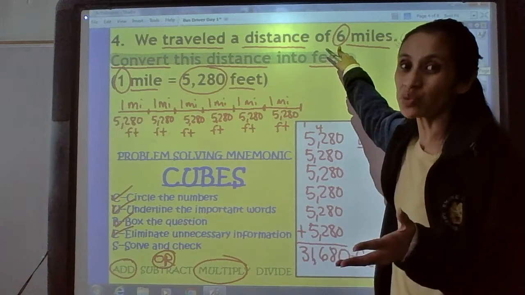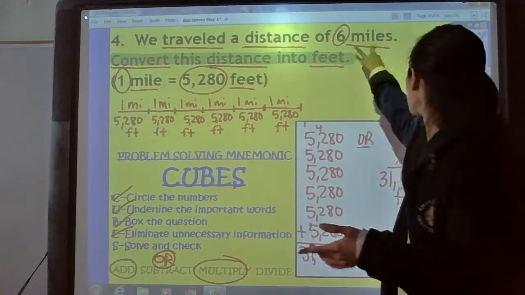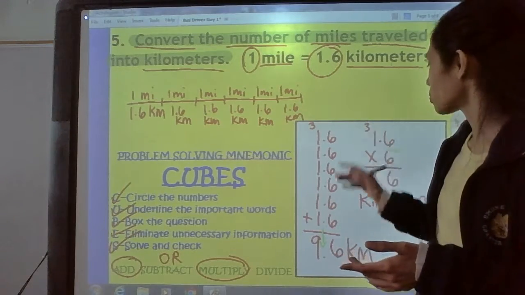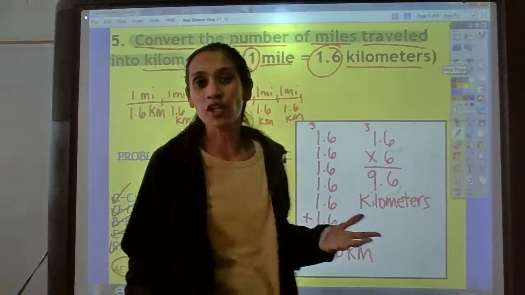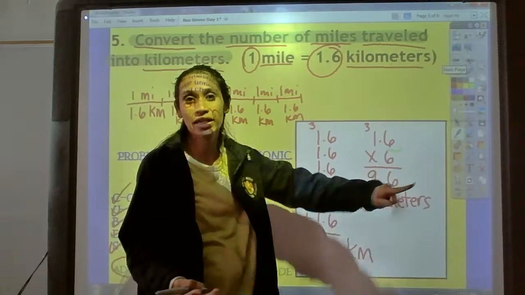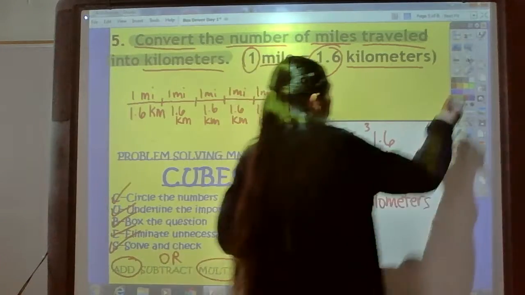But the question says we need to convert the kilometers, so we don't need the miles. But if you look at question number 5, that's when we converted to kilometers, and there's our answer, 9 6/10 kilometers. So we're going to use that number.